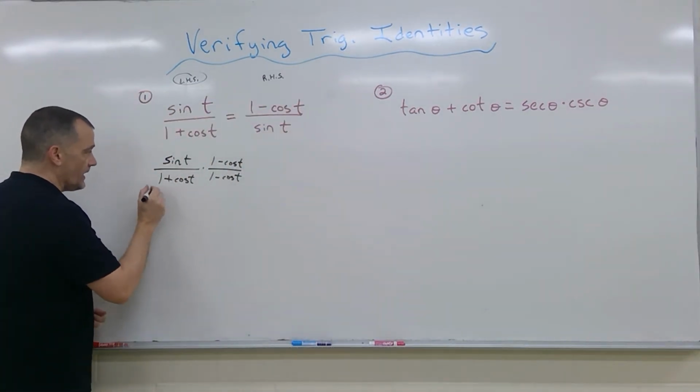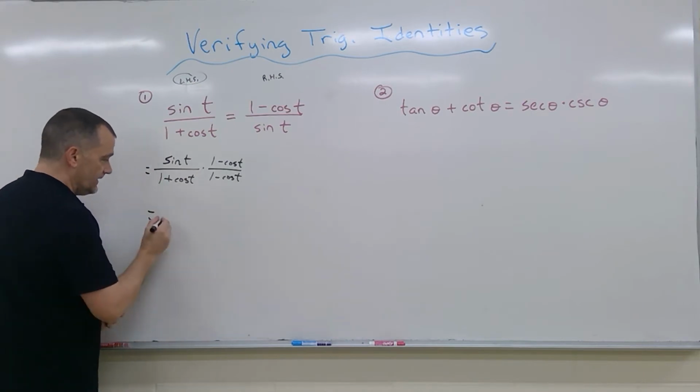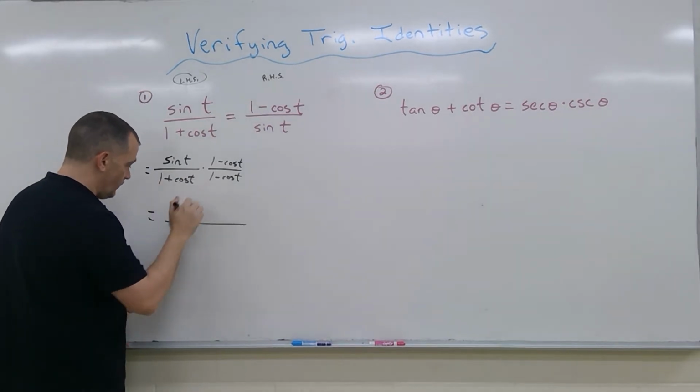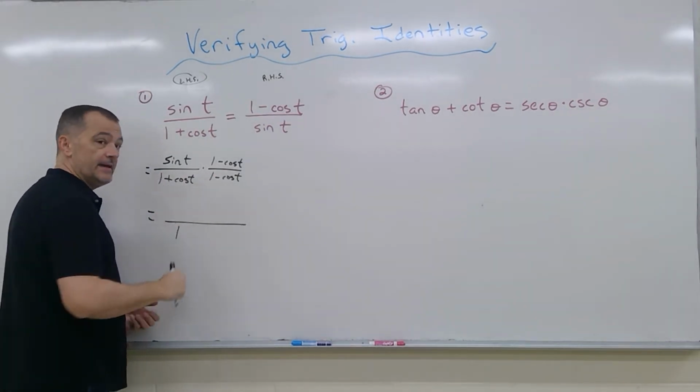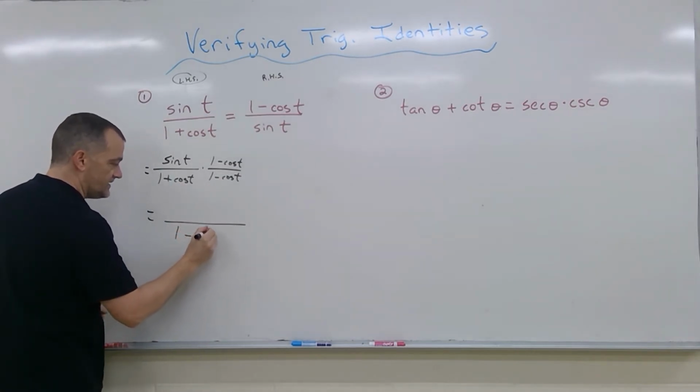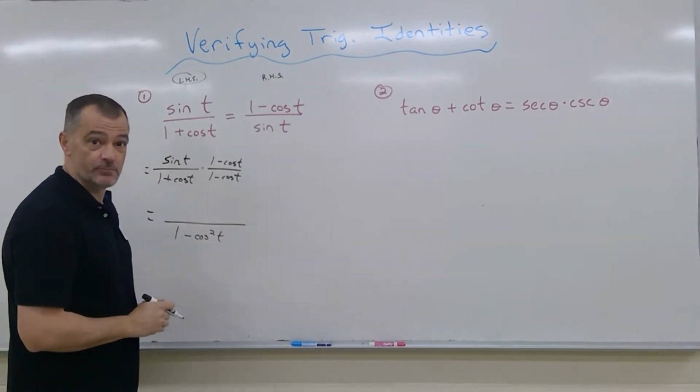So what happens when I multiply these out? Here I've got to use FOIL in the denominator. 1 times 1 is 1. The outer and the inner cancel each other out, and I'm left with minus the cosine squared of t, which is pretty awesome.